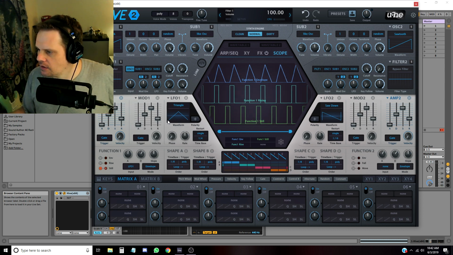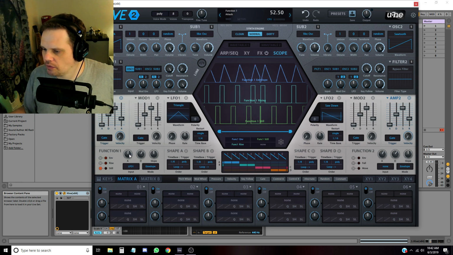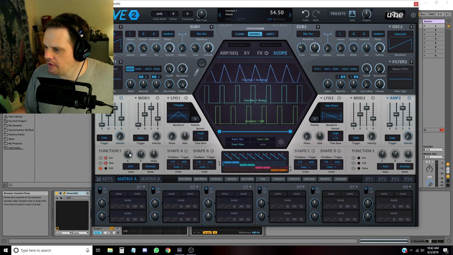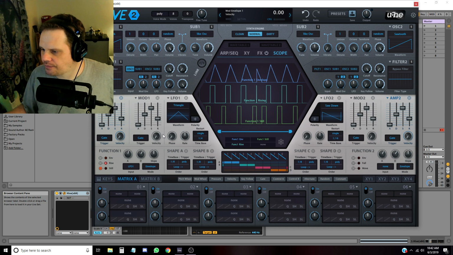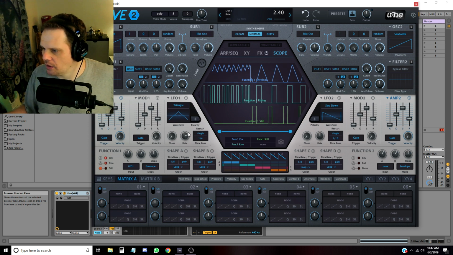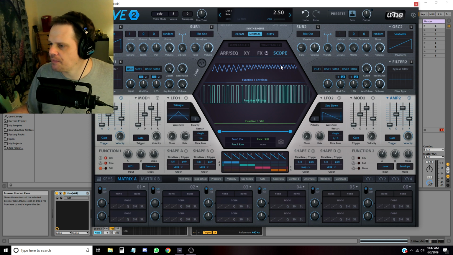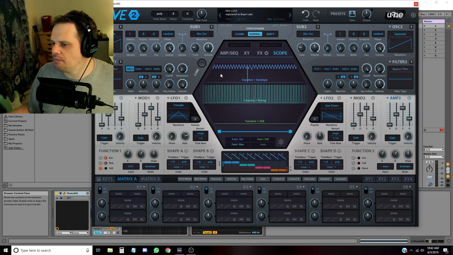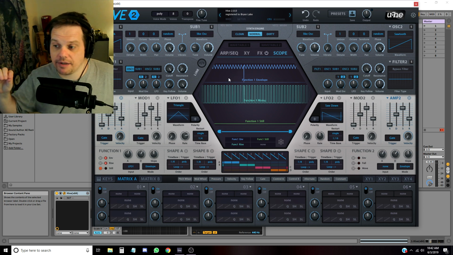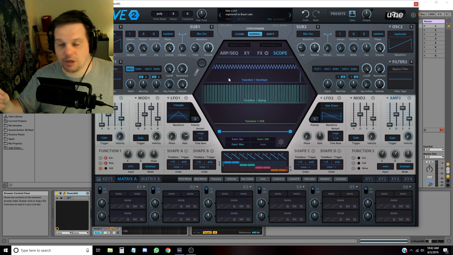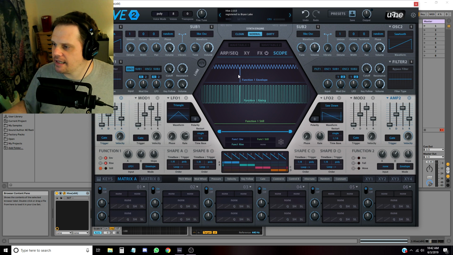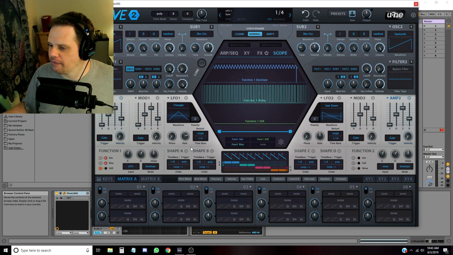So now we can just look at the signal. There's some different behavior here. If you speed up the envelope in envelope mode, as you can see, because the speed of the LFO is faster than the speed of the envelope, it is actually now taking away from the envelope signal right here.